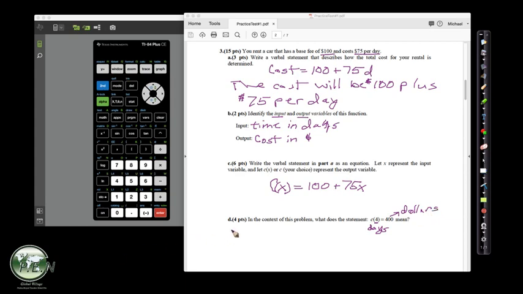So if we rent for 4 days, our cost will be, or is, I guess this is shorter, $400. There we go. Okay, I think that takes care of this one.